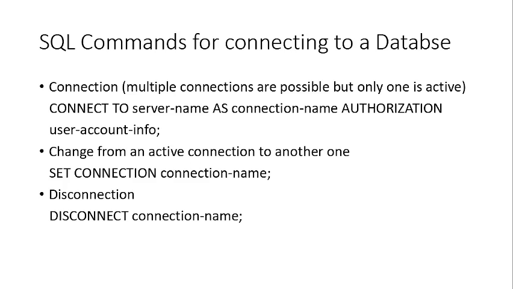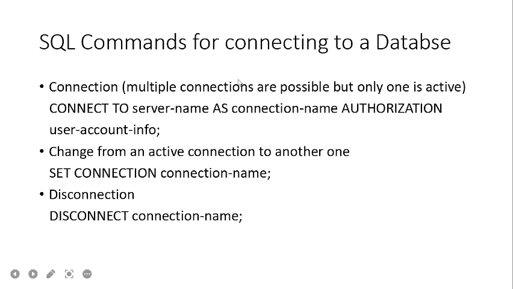And we'll see some commands for connecting to a database. So the SQL command for establishing a connection to a database has this kind of syntax. Multiple connections are possible, but only one is active.